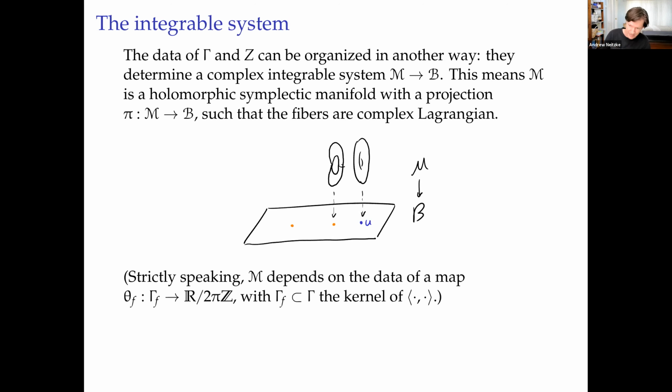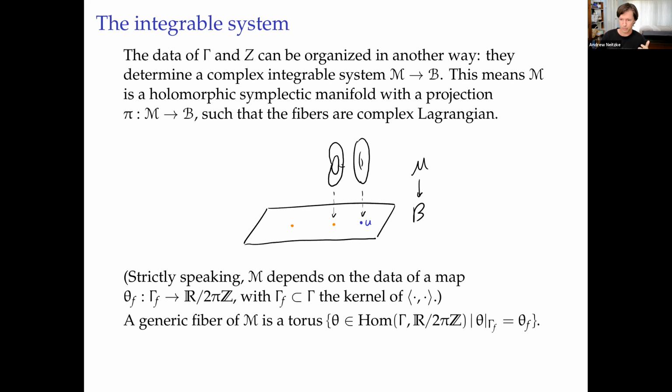Okay, strictly speaking, it depends on a little bit of extra data. In the case where this pairing is not non-degenerate, then you need to have some data having to do with the kernel of that pairing. But it's not so important.